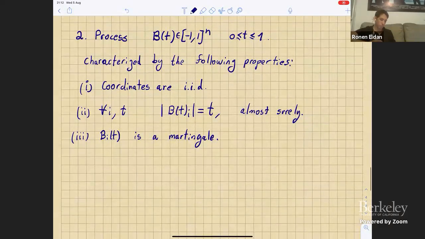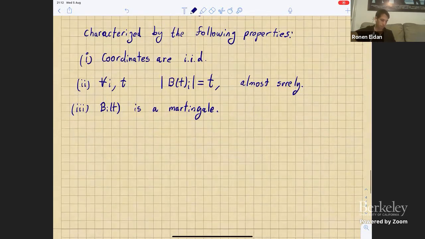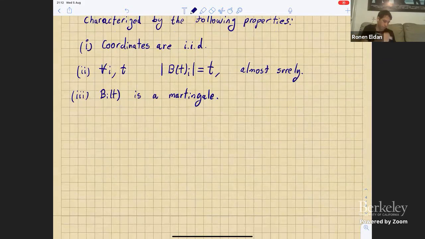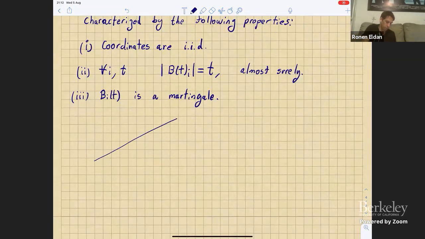We're looking to construct a process with these three properties, and here's one way to construct it, just to convince you that such a process exists.